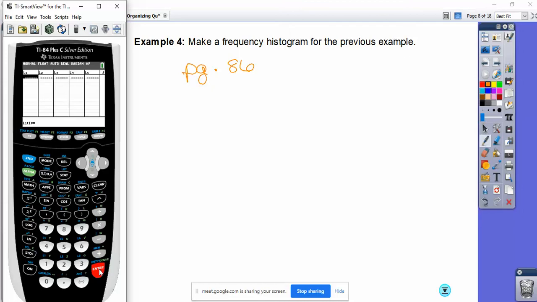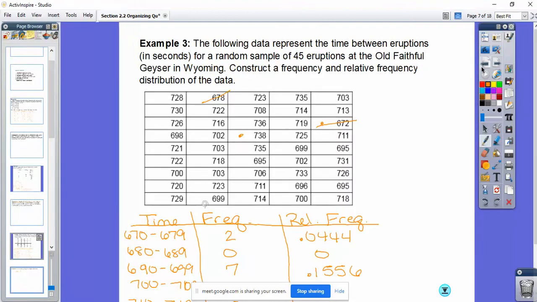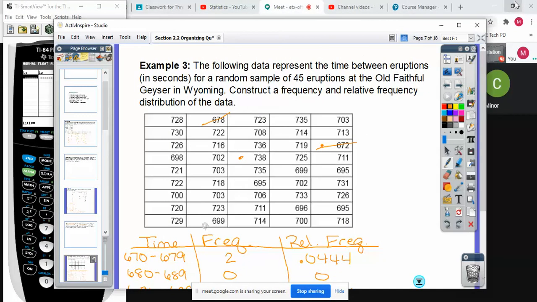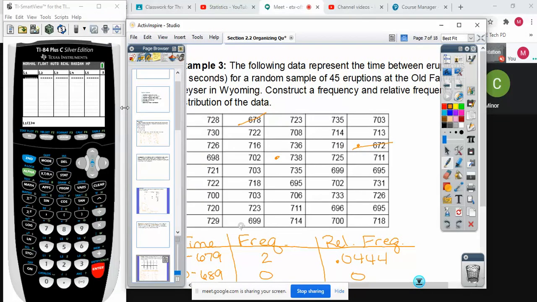Now we need to enter all of our times that we were looking at. And I would like for everybody to do this. So here, let me pull those up for you.